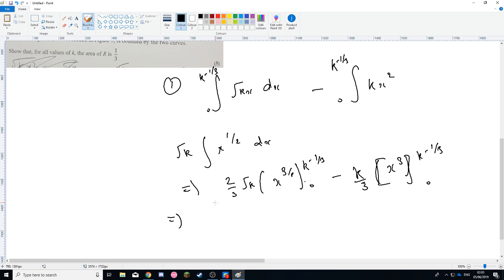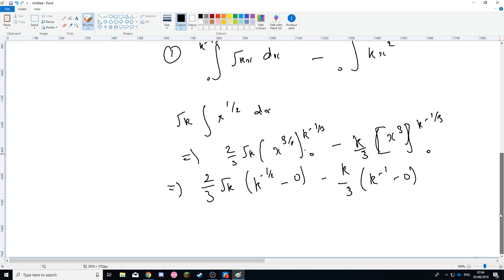This gives us 2 over 3 root k. Now x to the 3 over 2, so that's k to the minus third times 3 over 2, which gives you minus a half. So k to the minus a half, minus 0, minus k over 3 times minus a third cubed, which is just k to the minus 1, minus 0.